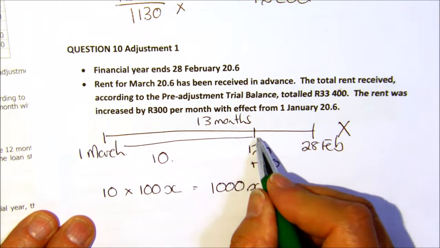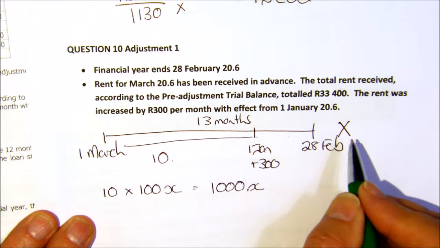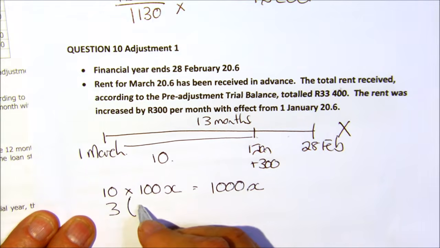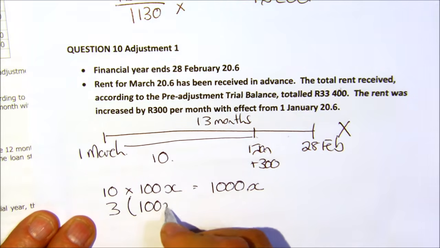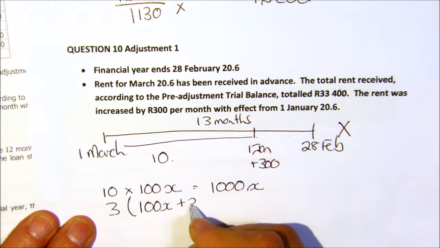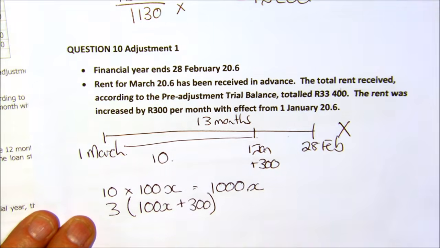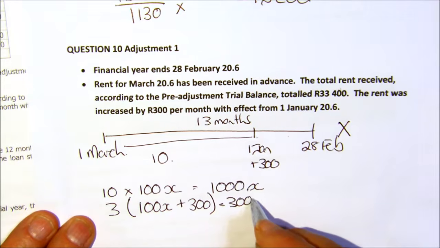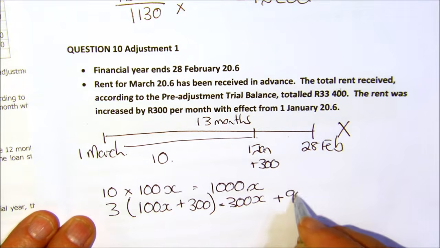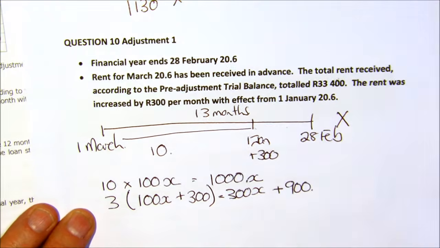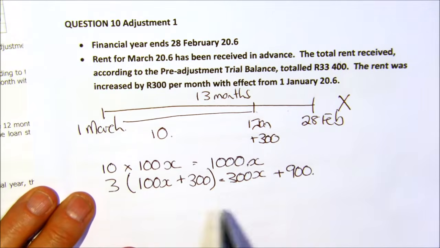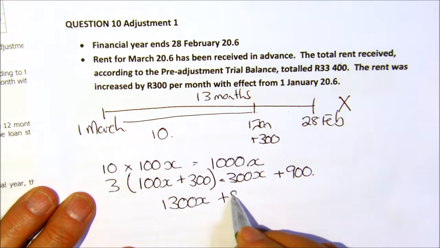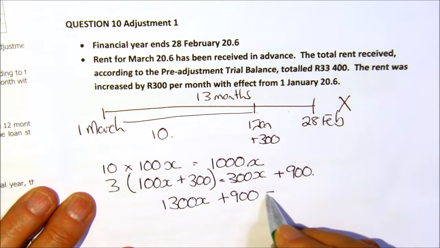Then there was the January and February plus the extra month. So there's 3 of them times 100 X's, but it increased by 300 Rand per month. So that gives me 300 X's plus 900. So if we made a maths sum out of this, we've got 1,300 X's plus 900 equals 33,400.